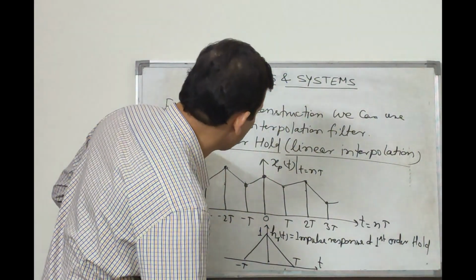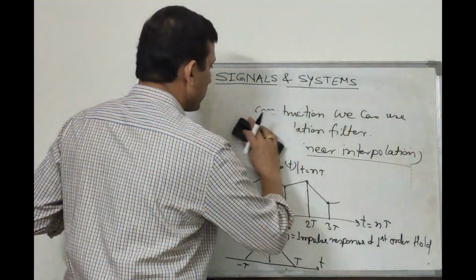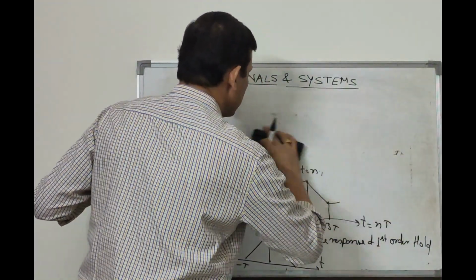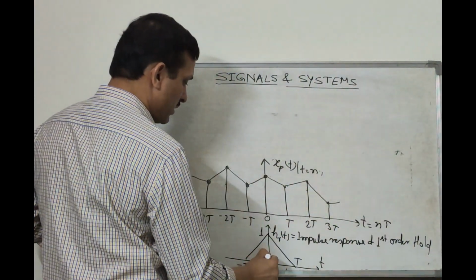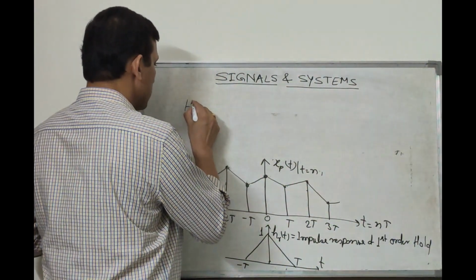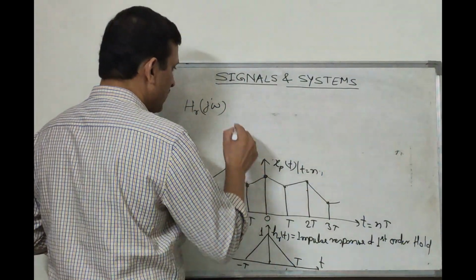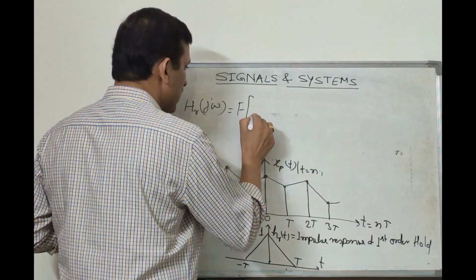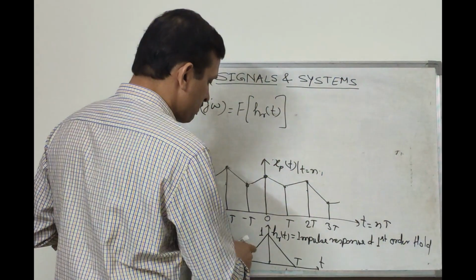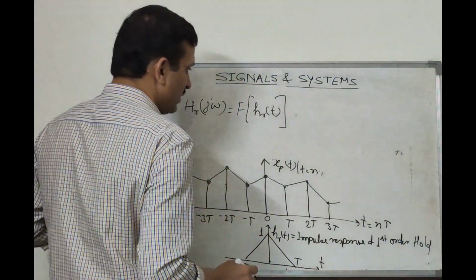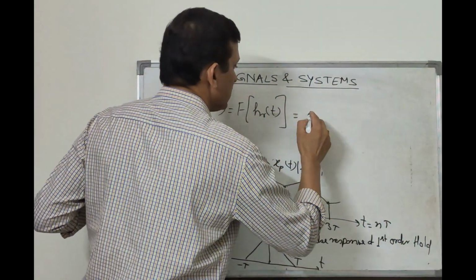If you find its frequency response separately, we can take its Fourier transform. What we will get for this impulse response is H_R(j omega), and that will be simply the Fourier transform of this H_R(t), the impulse response of this first order hold.